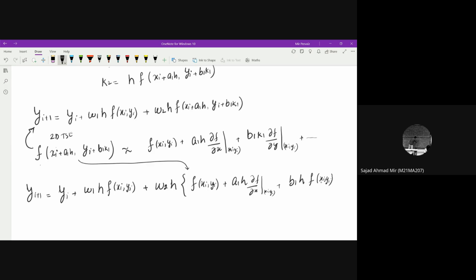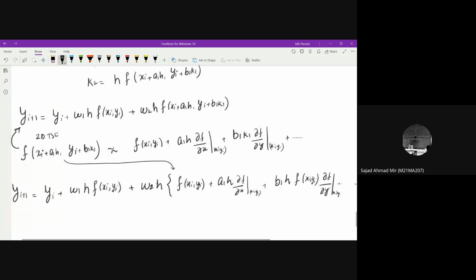K1 was h times f of xi, yi, so we have substituted k1 here, and you also have del f by del y at the point xi, yi plus so on, so many terms.